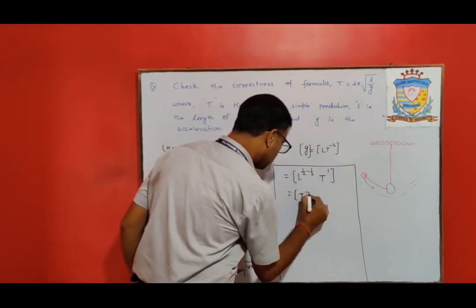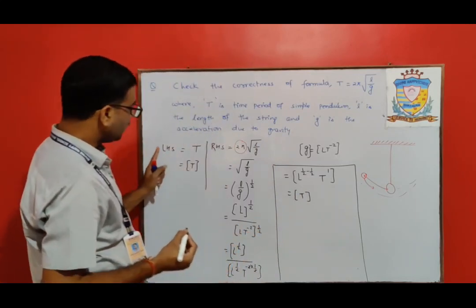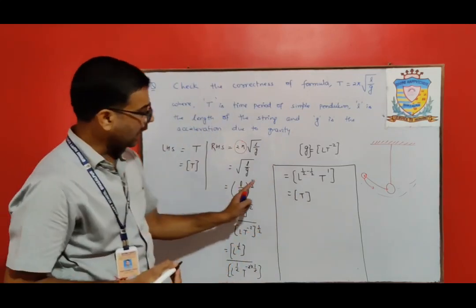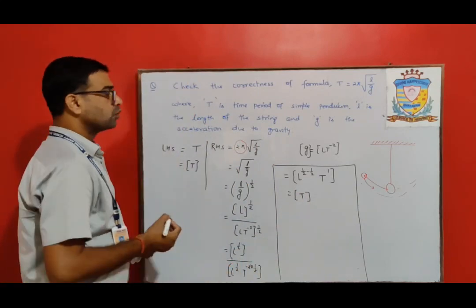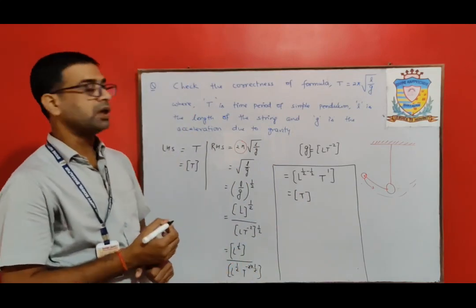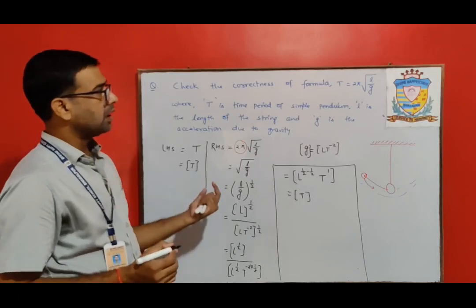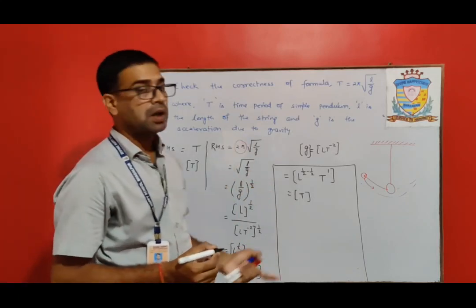So now we have only T. On the LHS we have T, and on the RHS again we have the dimensional formula of T. According to the principle of homogeneity, both sides should have the same dimensional formula.